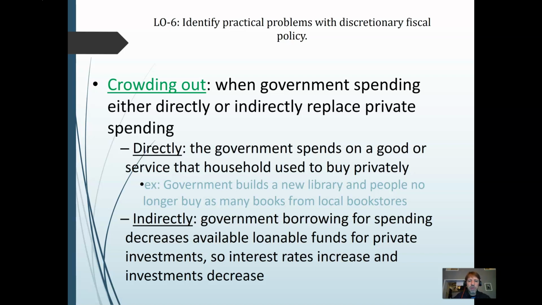It can happen indirectly, so government borrows for spending on new infrastructure, and as a result, there's a decrease in loanable funds for private investments in new homes or new expanded places to make products or deliver services.